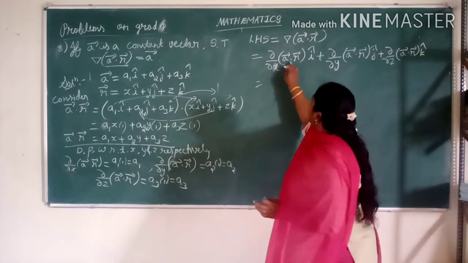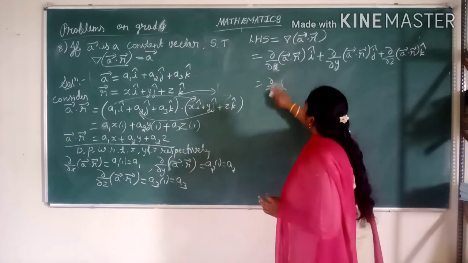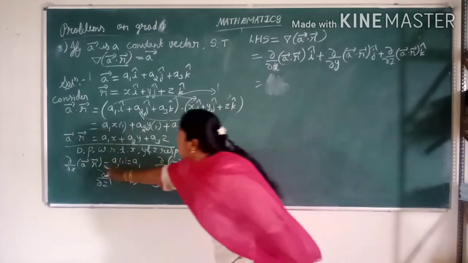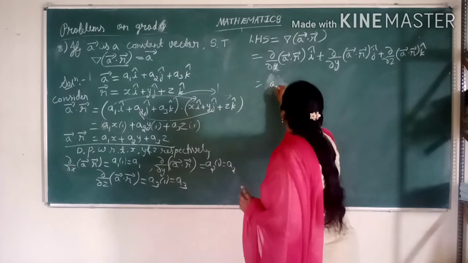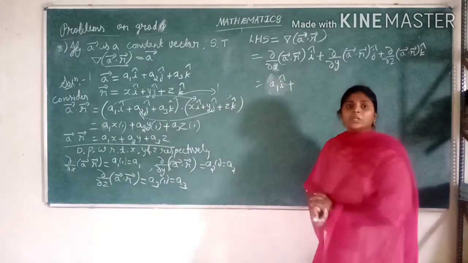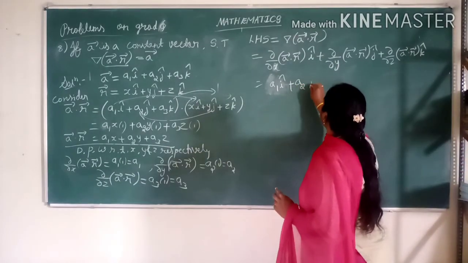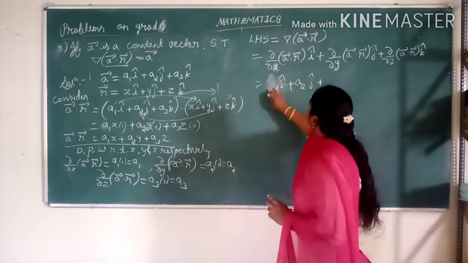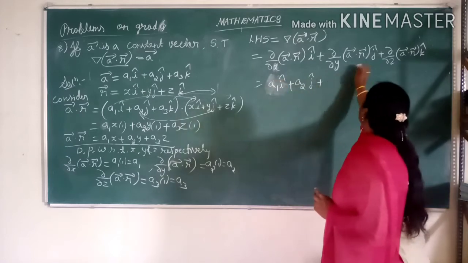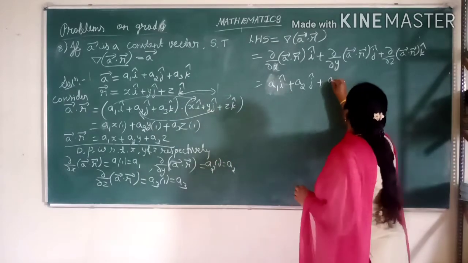Substitute here. ∂/∂x of A dot R is A1 into i cap, then ∂/∂y of A dot R is A2 into j cap, plus ∂/∂z of A dot R is A3 into k cap.